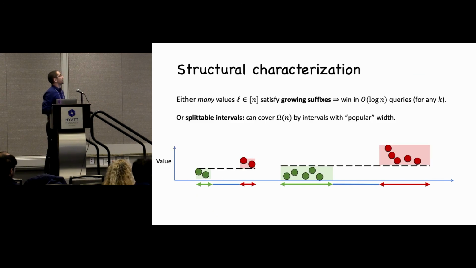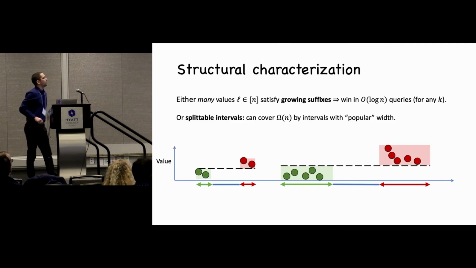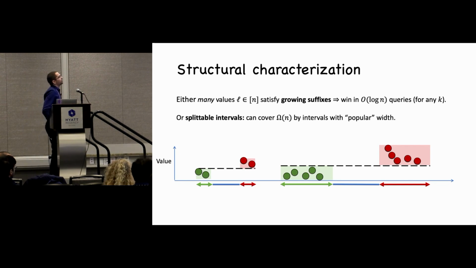So this settles the case k equals 2. It turns out that if you just take off one queries and hope to hit some green element, and then query elements at all possible scales as compared to this green element, then it will find your red one, and this will constitute a 1-2 copy.